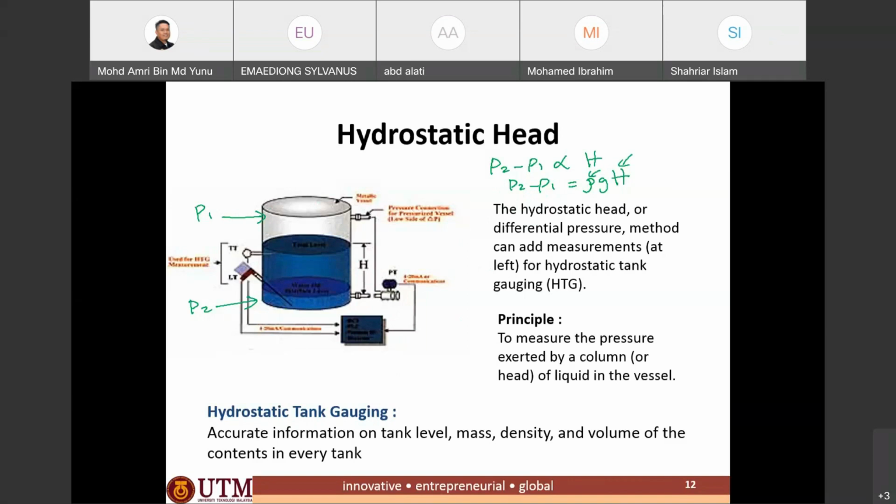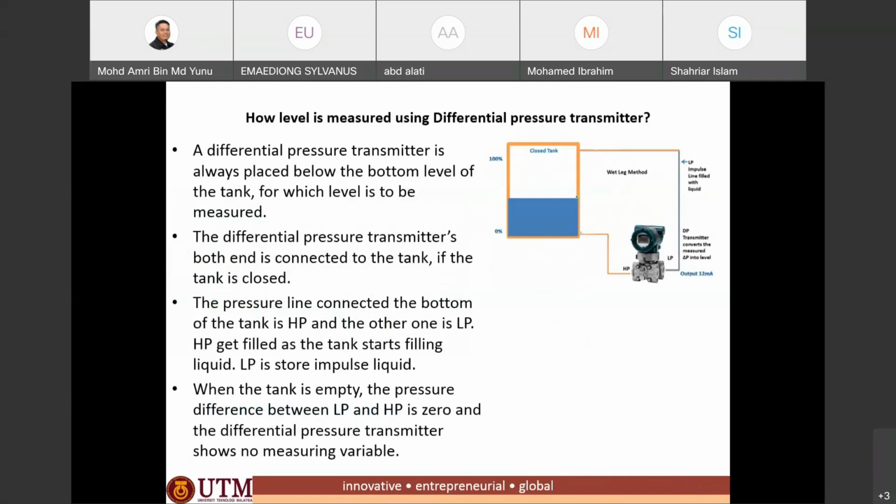So, okay, the pressure transmitter is always placed at the bottom level.